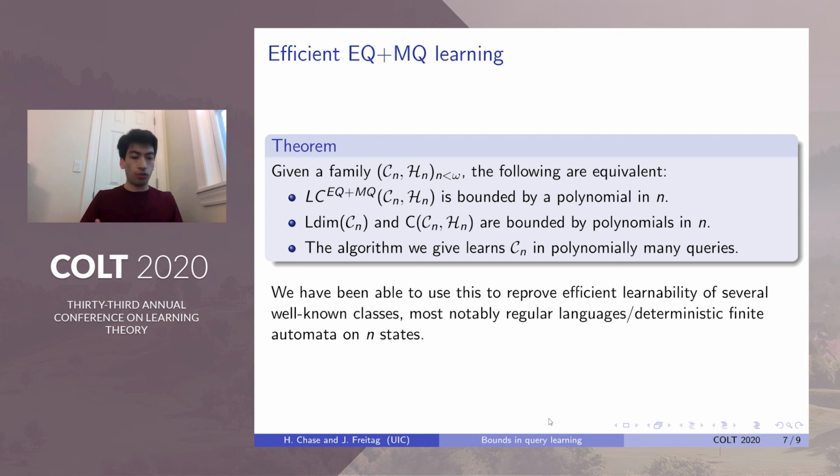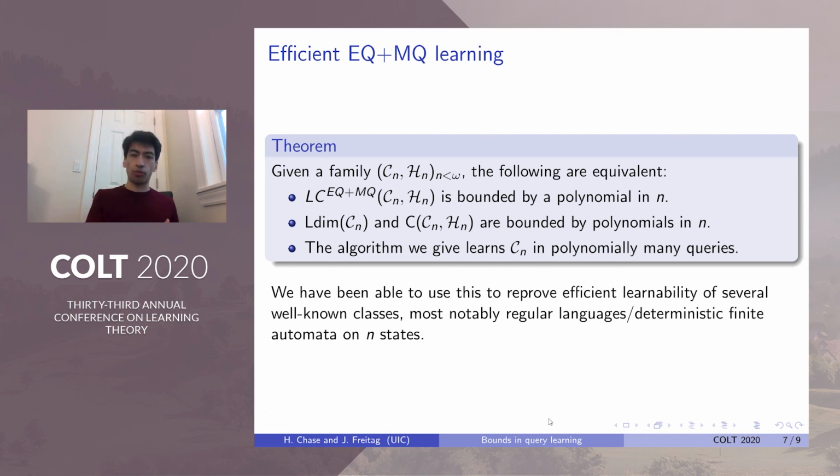The strategy is to calculate the consistency dimension, which can be done using the Myhill-Nerode theorem, and also to calculate the Littlestone dimension of this class, which in this case is enough to do by looking at the cardinality of the class.